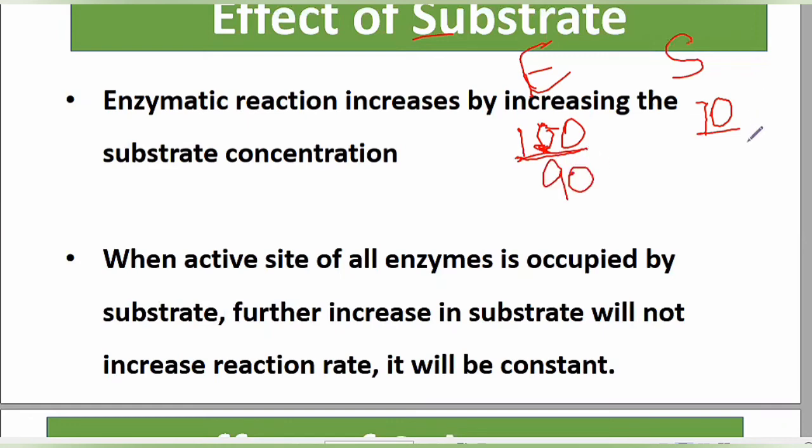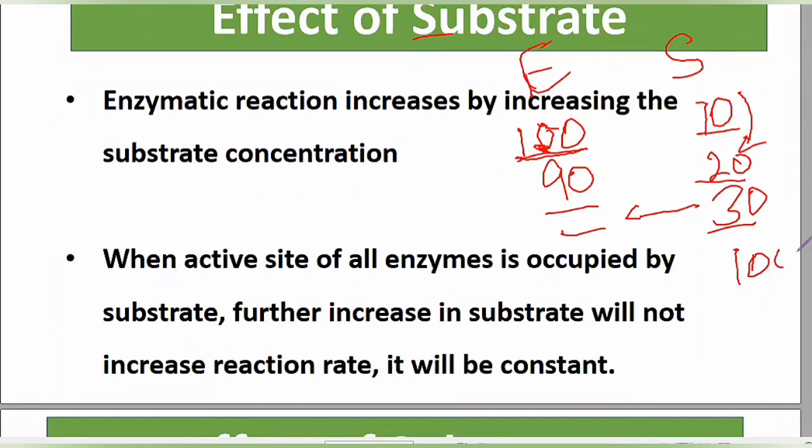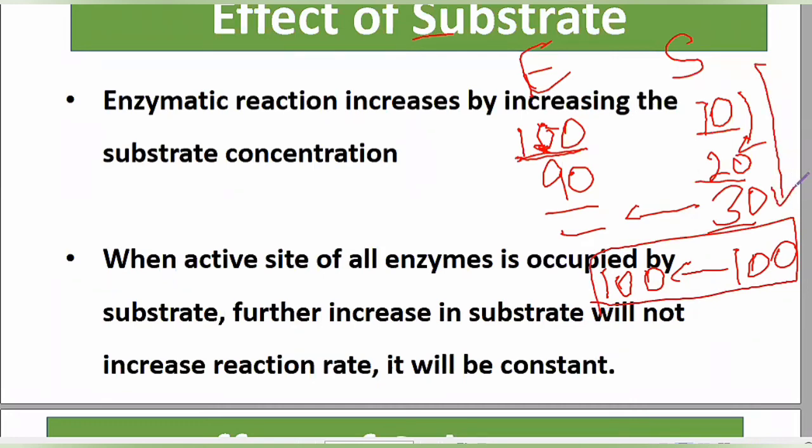If we increase the concentration of the substrate to 20, then 30, 40, and so on, our reaction will also increase because 30 will react with 30, 20 will react with 20, and we will still have some enzymes left. When the substrate is 100, all the enzymes' active sites will be occupied by the 100 substrates. So our reaction will keep on increasing up to 100 units of substrate.